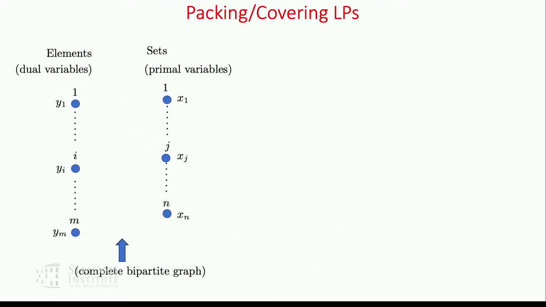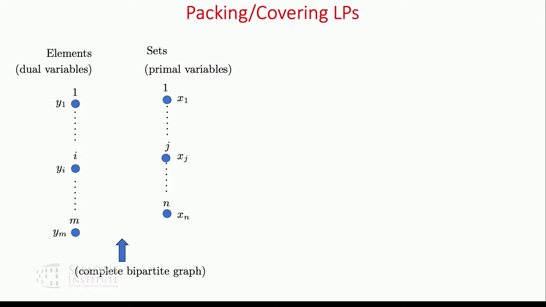For the purpose of this talk, I'll use these notations. I'll think of packing covering LPs as generalizing set covers, and I'll visualize the constraint matrix as a bipartite graph. The elements correspond to dual variables. There are m of them. The sets correspond to primal variables. There are n of them, x1 to xn.